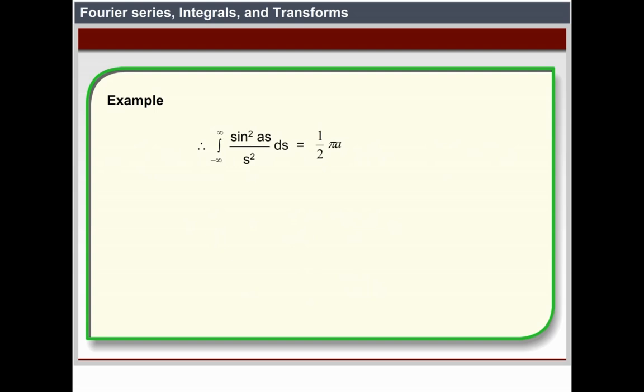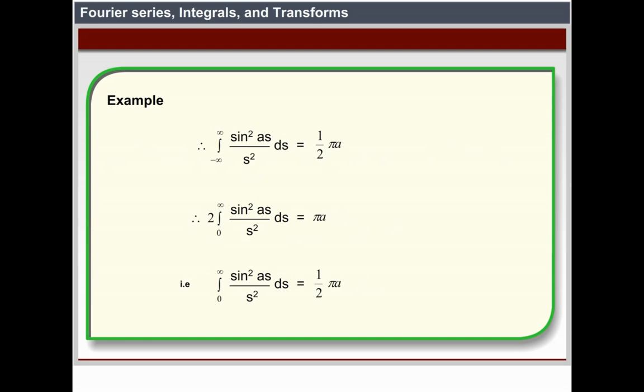Therefore, integral minus infinity to plus infinity sin square as by s square ds equal to pi a. Therefore, 2 into integral 0 to infinity sin square as by s square ds equal to pi a. That is integral 0 to infinity sin square as by s square ds equal to 1 by 2 pi a.